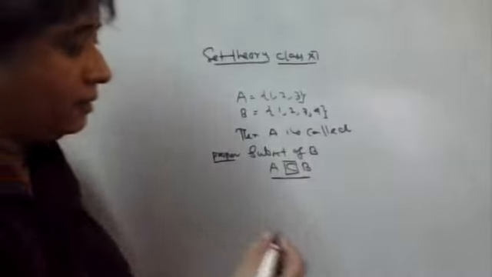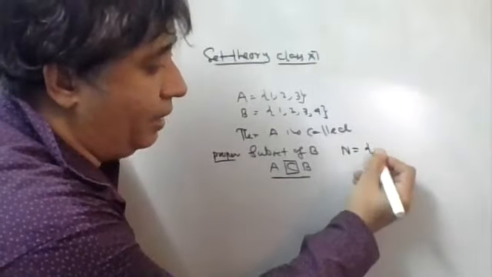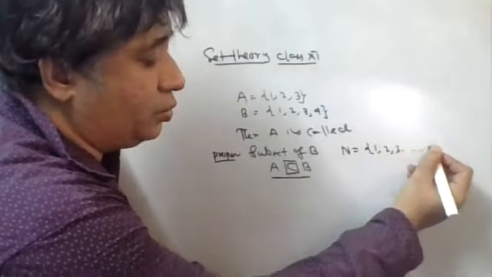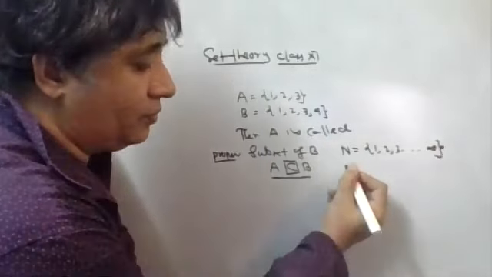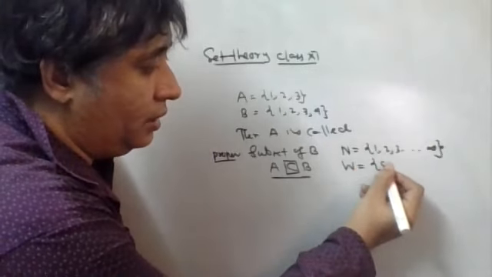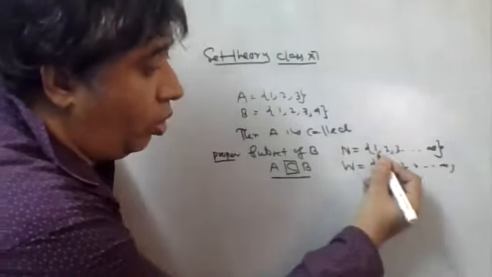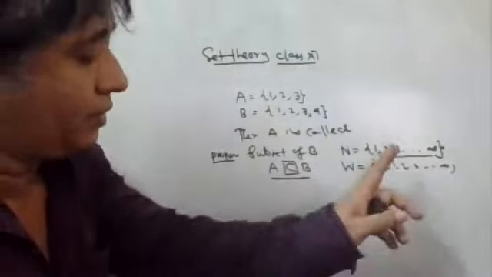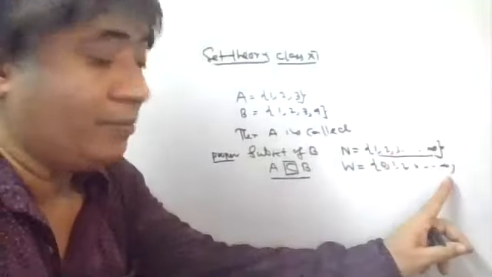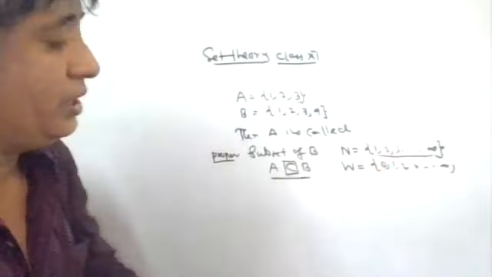But you see, the natural numbers start from 1, 2, 3 up to infinity, and the whole numbers are 0, 1, 2 up to infinity. So all numbers of N are also numbers of W except 0.